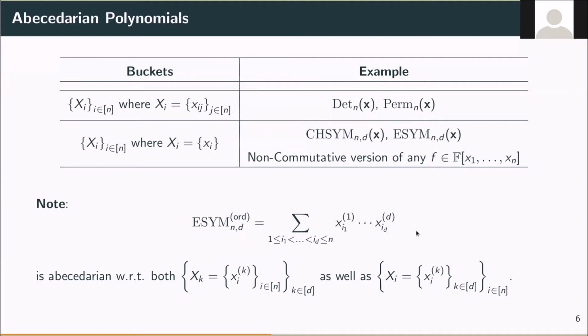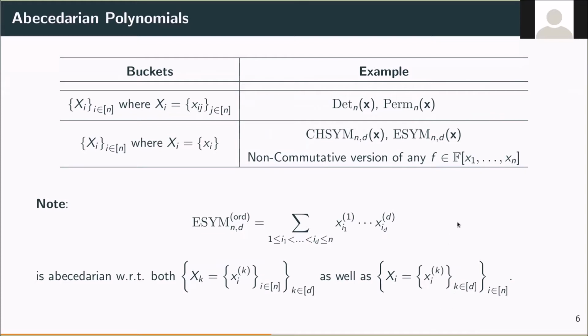Then this polynomial is ABCD with respect to the partition defined according to the variable index, as well as the partition defined according to the position index. In fact, the sizes of the two partitions are also different, as you can see. One has size d, whereas the other one has size n.